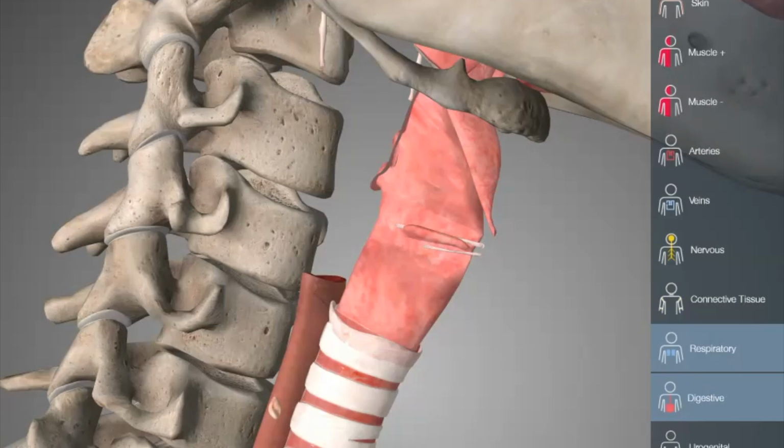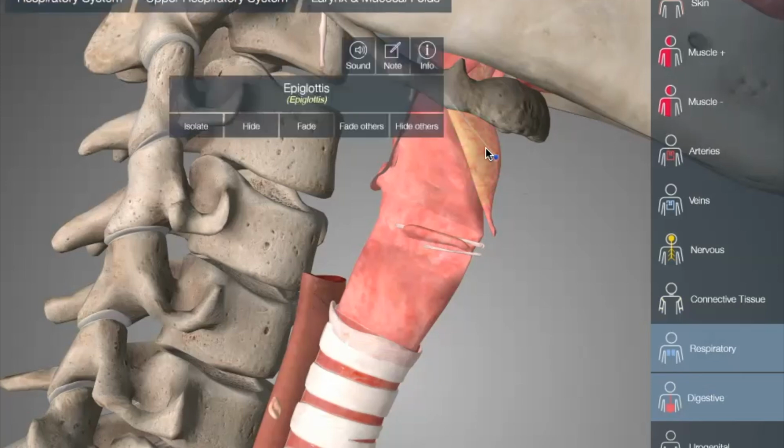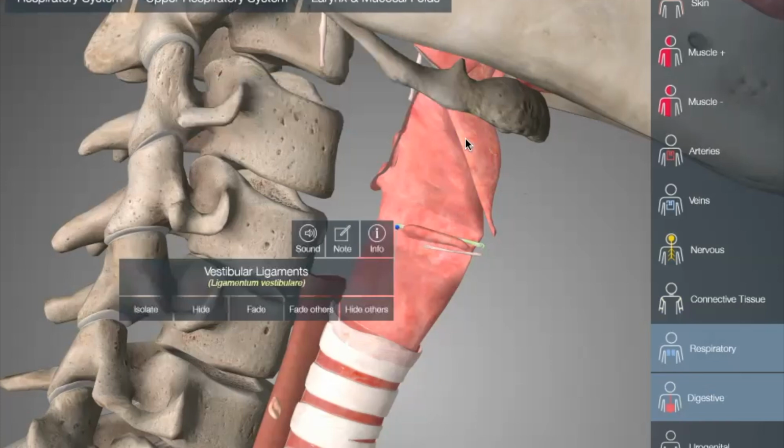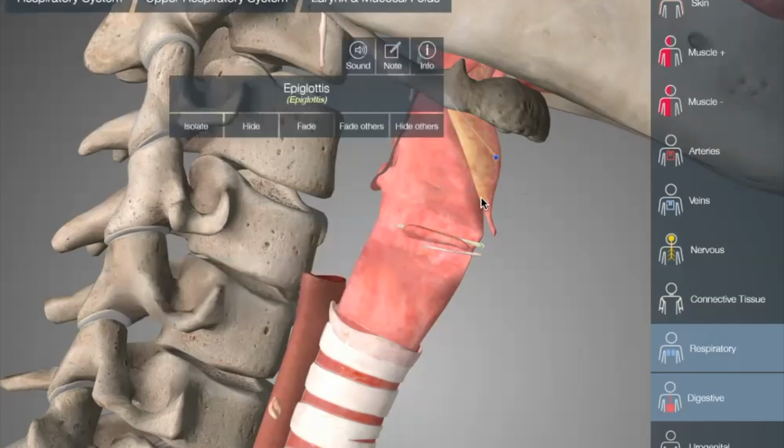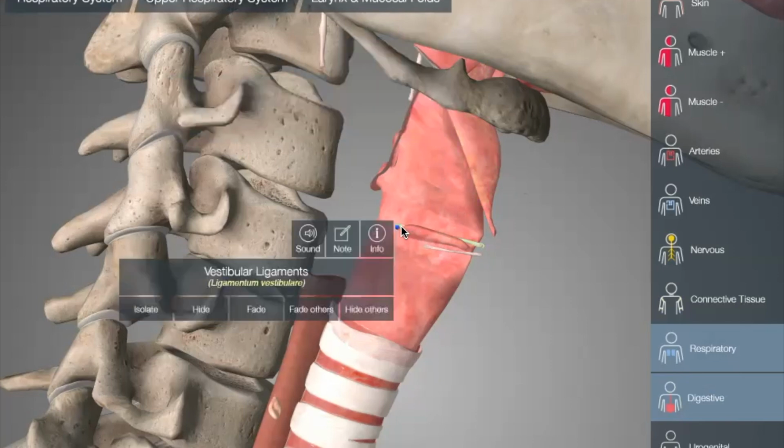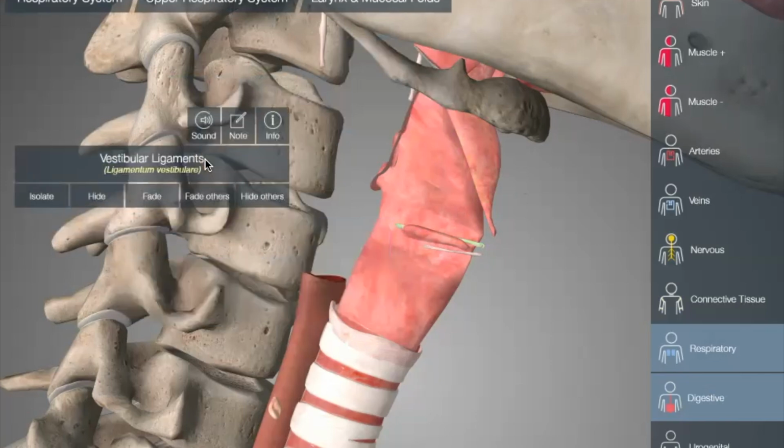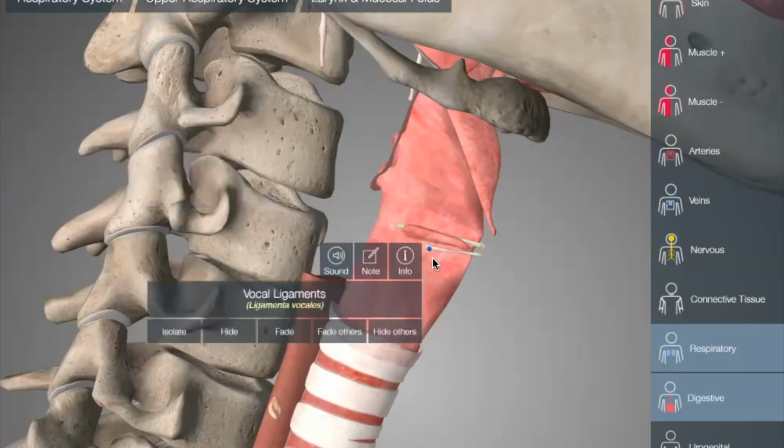The supraglottis is from the inferior surface of the epiglottis to the vestibular folds here. This is the supraglottis. The glottis contains the vocal cords. This part right here is the glottis. It contains the vocal cords.